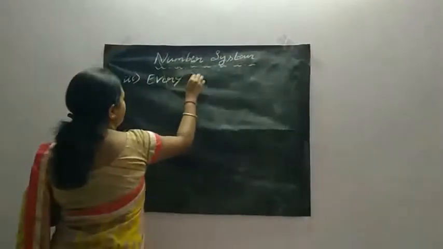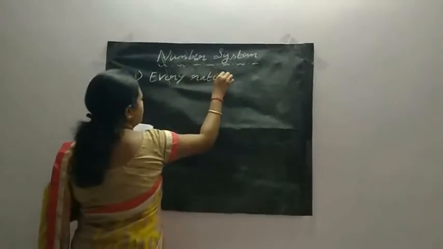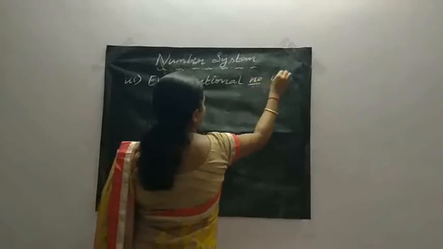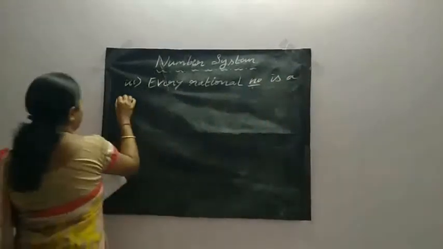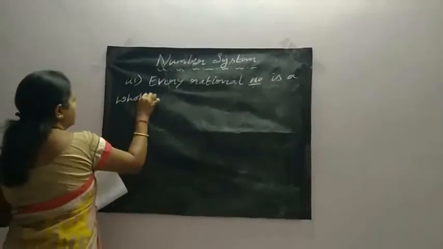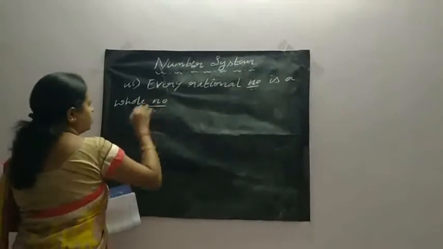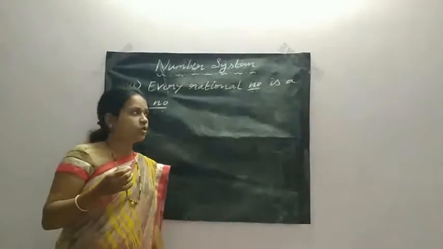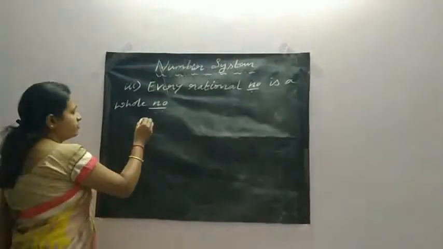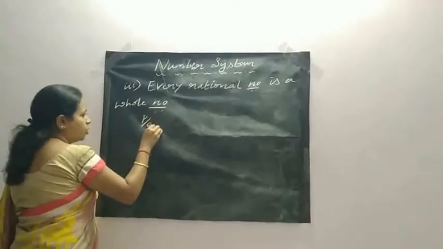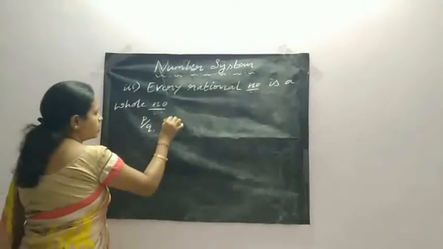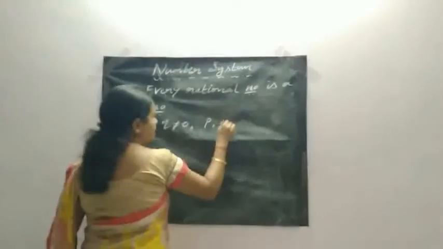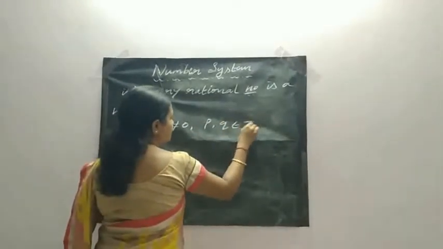Every rational number is a whole number. Okay. So already we have studied about the rational numbers, isn't it? Rational numbers means the numbers which are in the form of p by q, where q is not equal to 0 and p and q belong to integers.